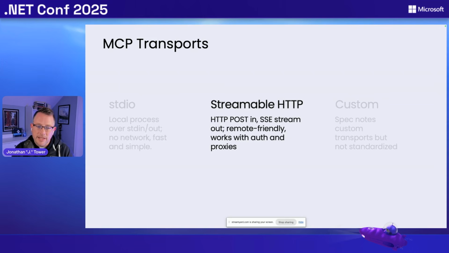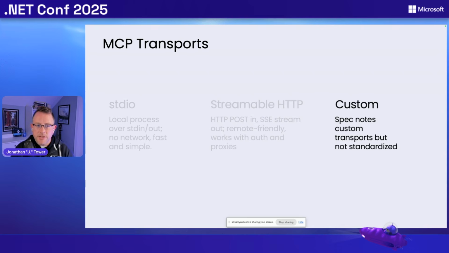That allows streaming to work. So this is what you're going to want to do for any remote scenario. And because it's HTTP, it works really well with all of the auth stuff you might already have that's HTTP compatible. It also works with any kind of proxies or traversing different networks.